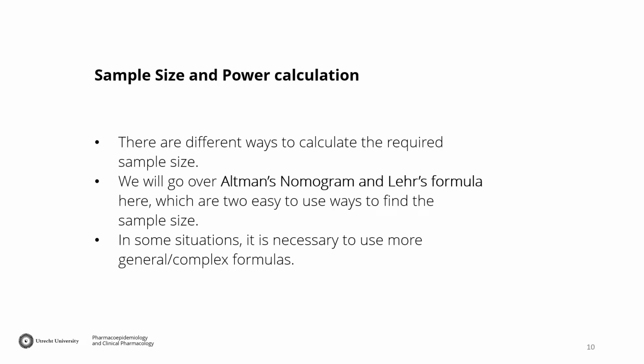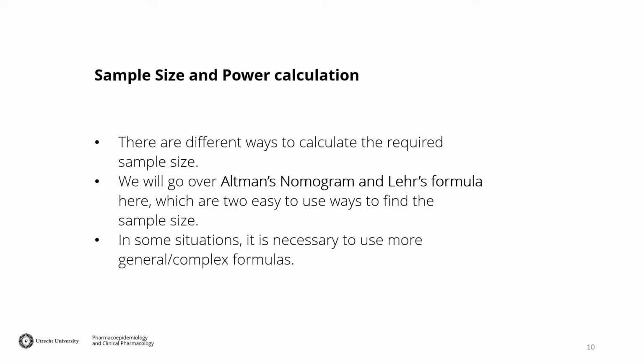So to calculate the sample size and the power calculations, there are different ways to do that. In these slides we will go over the Altman's nomogram and also Liang's formula, which are two fairly easy ways to calculate sample size.